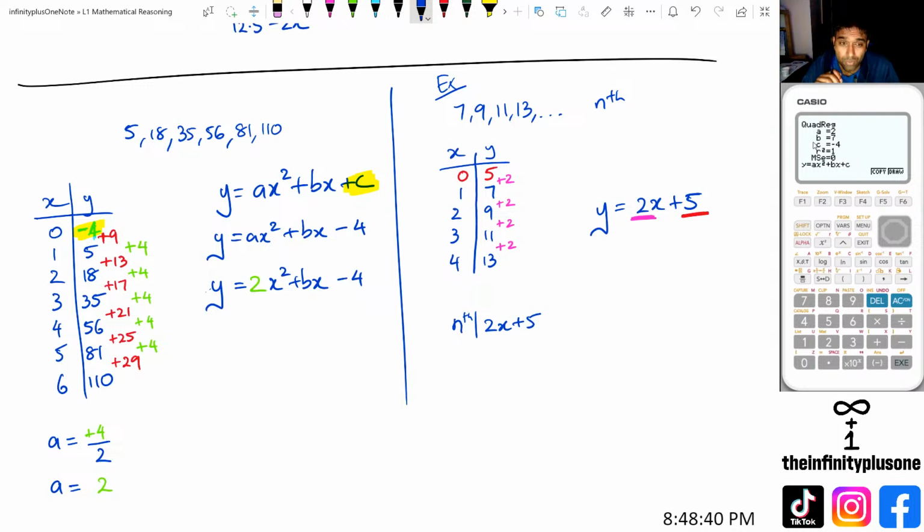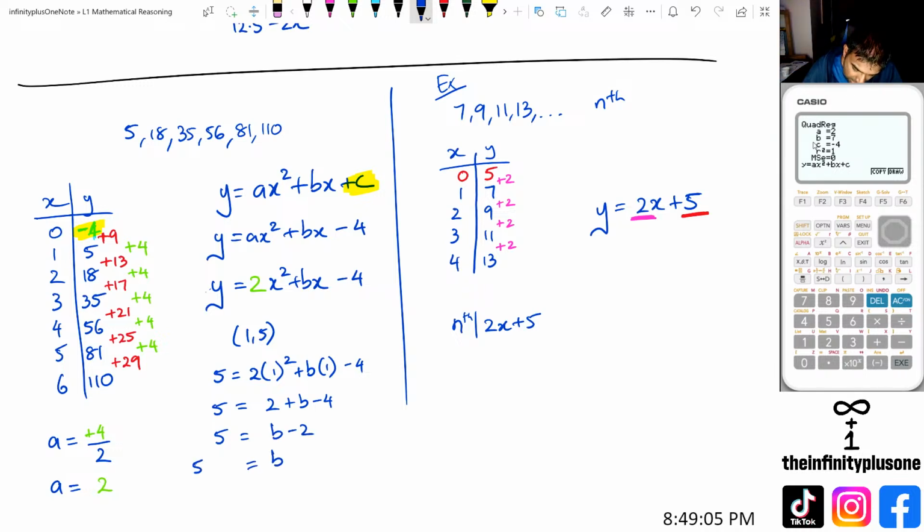So finally, we've got to figure out the b value. To figure out the b value, we just need to take one of those points. I'm going to take the point (1, 5), which means y is equal to 5. So 5 equals 2 times 1 squared plus b times 1 minus 4. So I've got 5 equals 2 plus b minus 4, so 5 is equal to b minus 2.